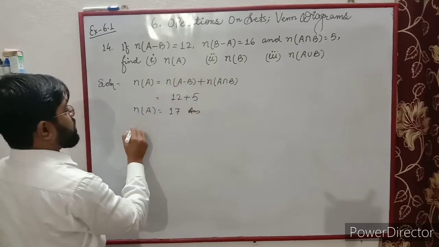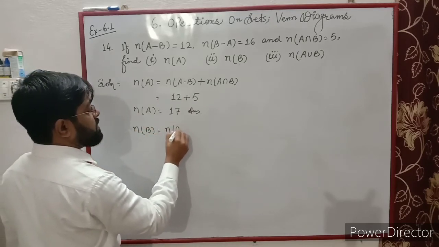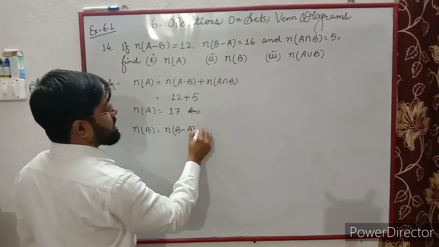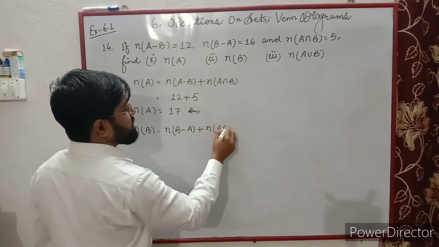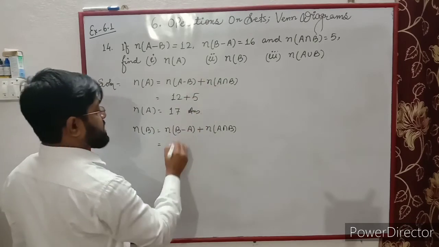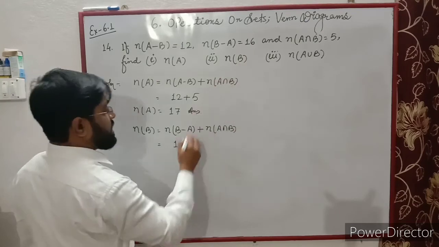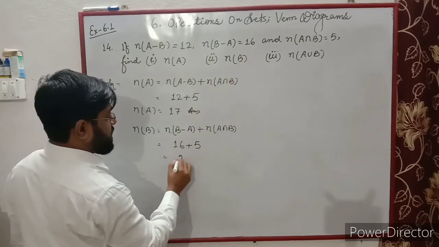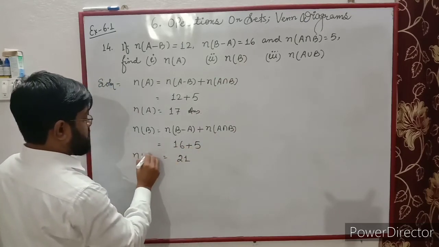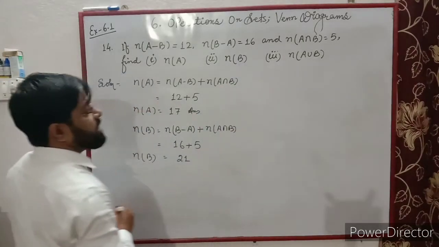Now we have to find n(B). So n(B) is equal to n(B minus A) plus n(A intersection B). So n(B minus A) is 16 plus n(A intersection B) is given 5. So we have 21. So n(B) is equal to 21. Now we have to find n(A union B).